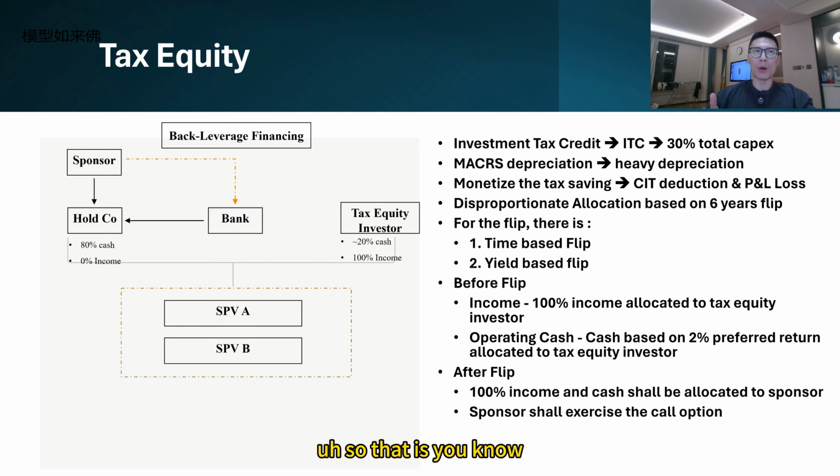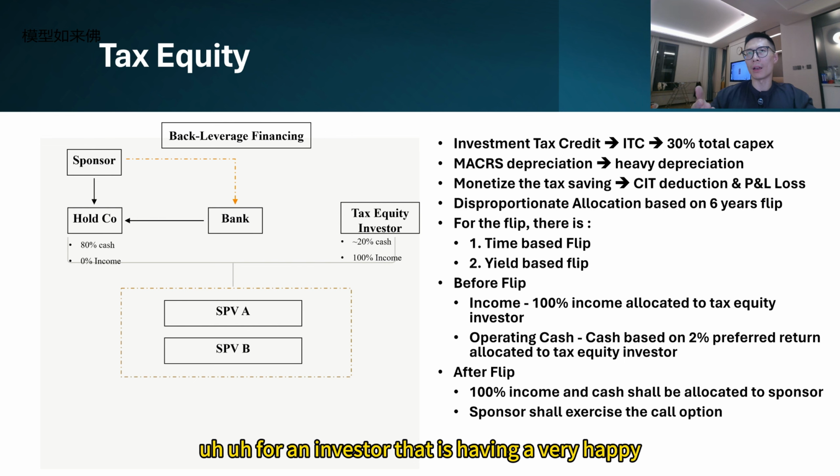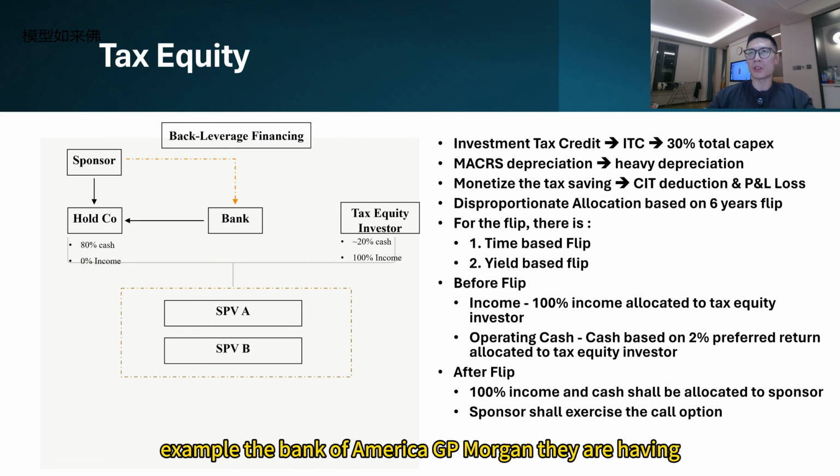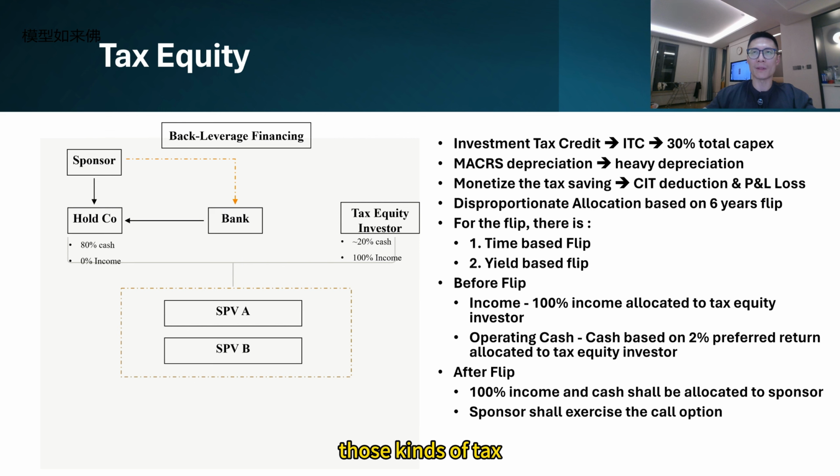That is very helpful for an investor with a very heavy CIT payable. Here in the US, for example, Bank of America and JP Morgan have that kind of tax appetite, so they want to participate. So that's how the ITC works.